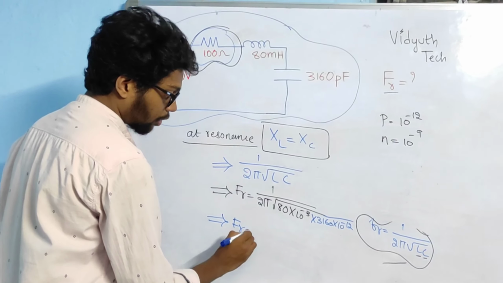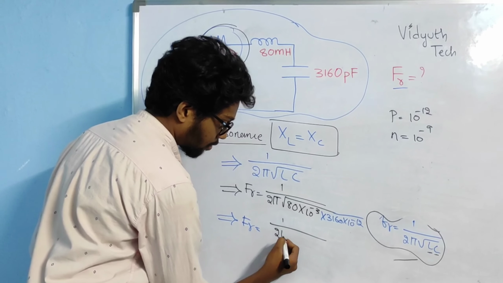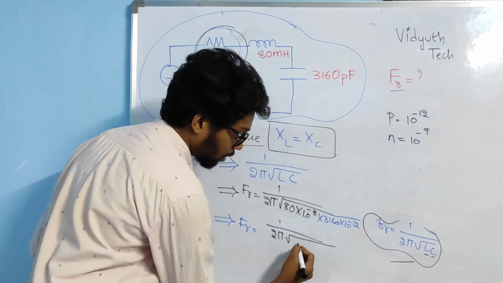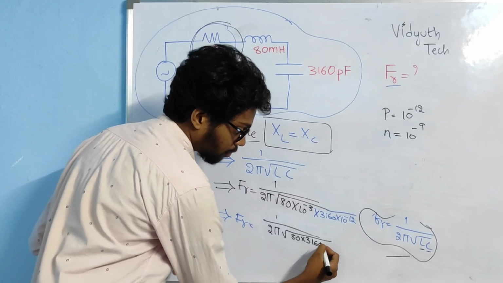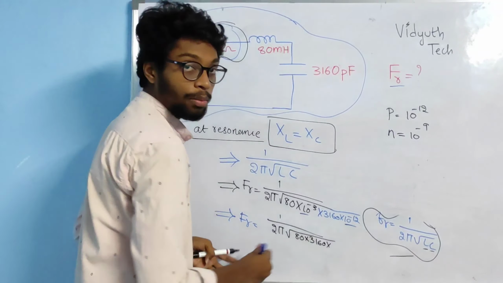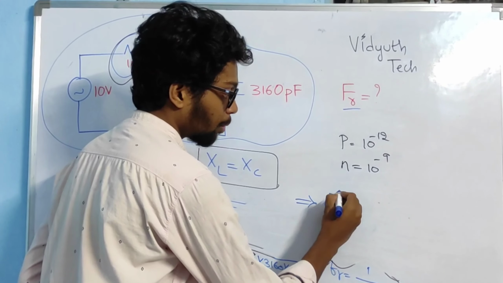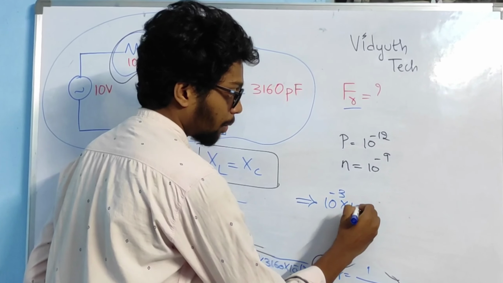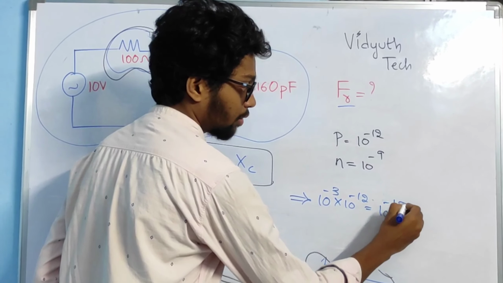FR is equal to 1 by 2 pi into under root 80 into 3160 into, over here you can see 10 to the power of minus 3 and 10 to the power of minus 12. We know when bases are equal, powers should be added. So 10 to the power of minus 3 into 10 to the power of minus 12 is equal to 10 to the power of minus 15.